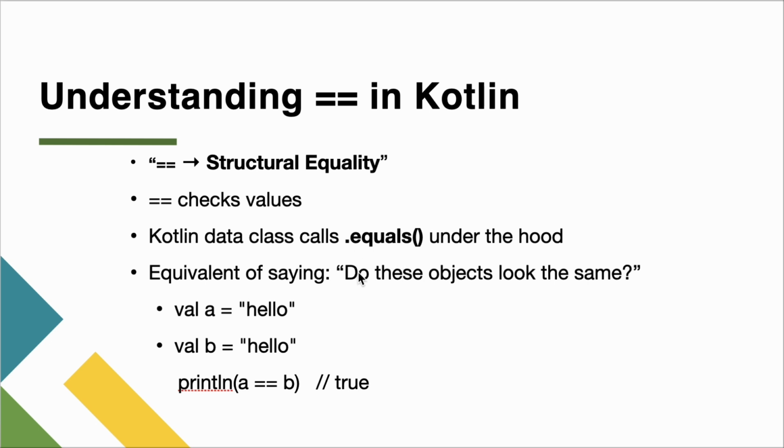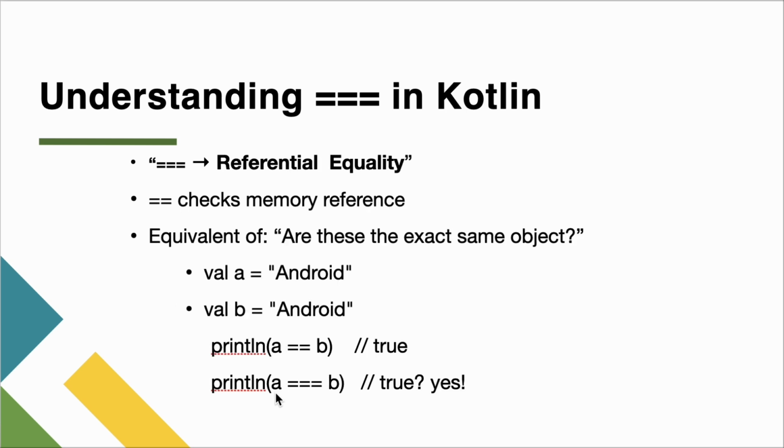Think of it like comparing two cups of coffee. They may look the same even if they're not the exact same cup. For example, a equals hello, b equals hello, so print a and b, it may be equal.